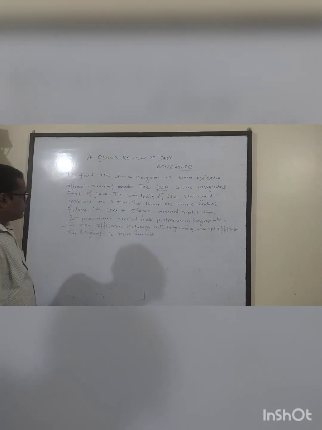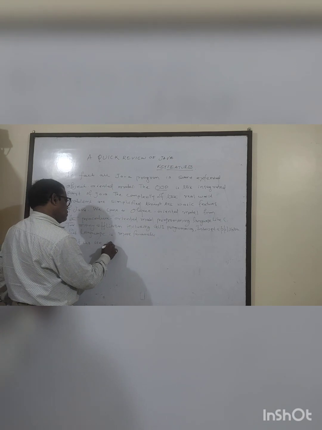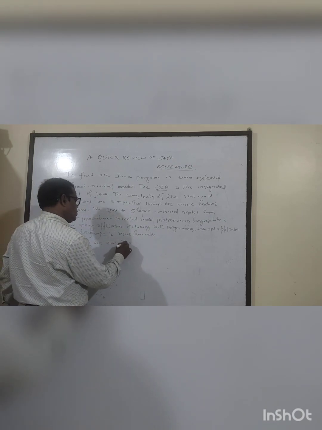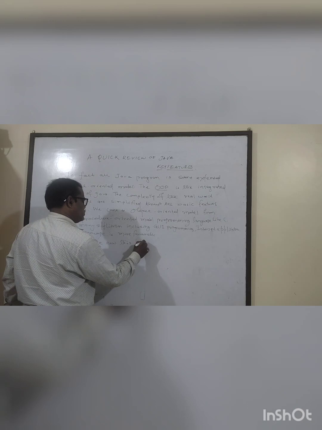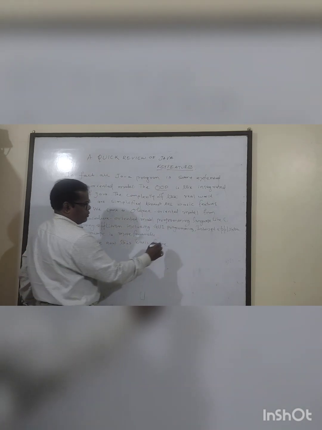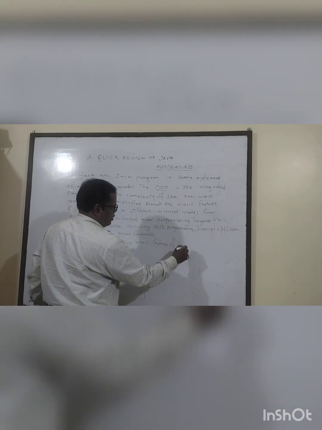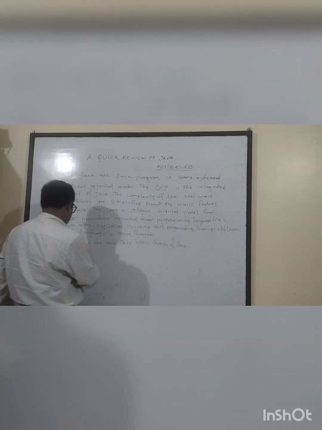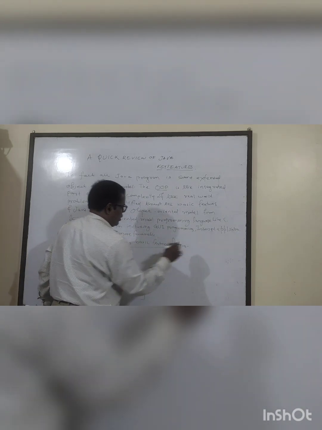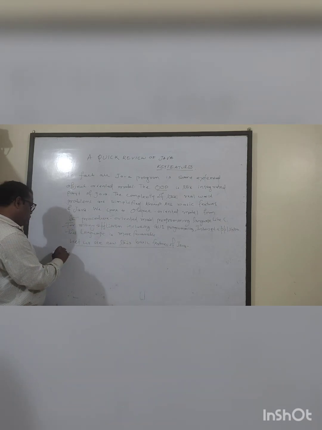So let us see now the basic features of Java. Why or what made it so popular? One of the features is called abstraction.